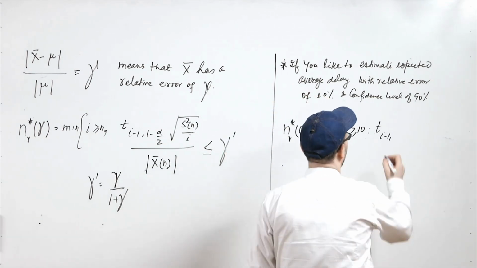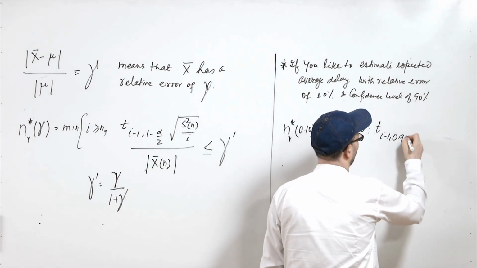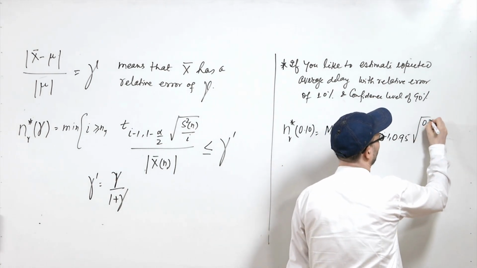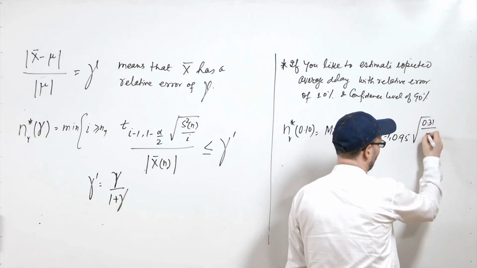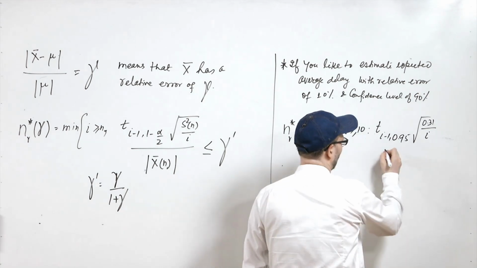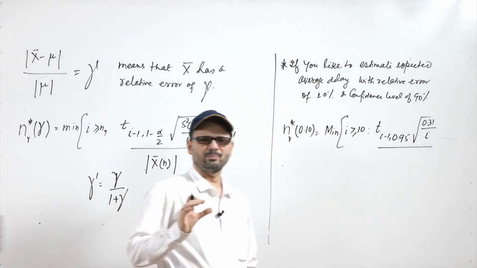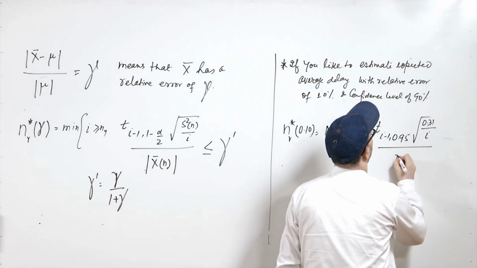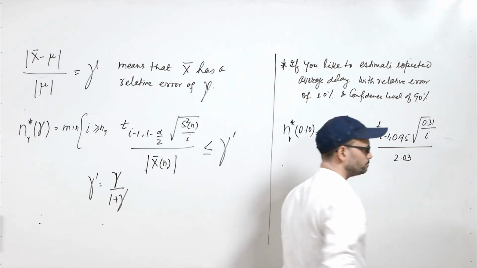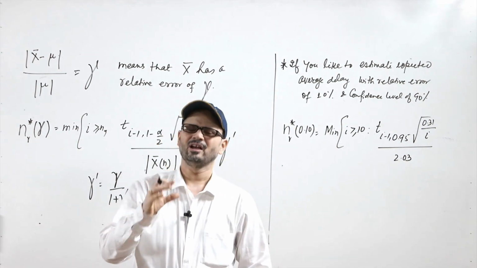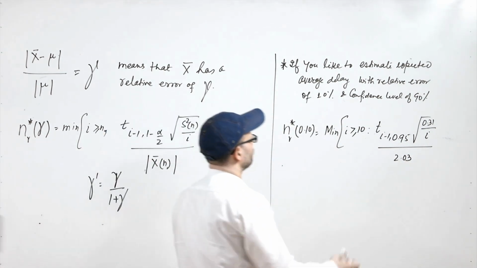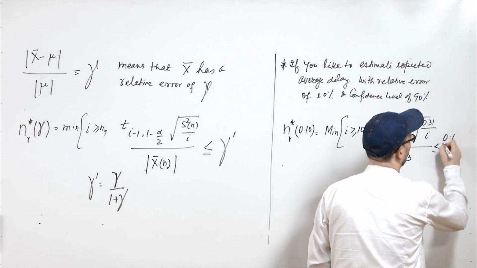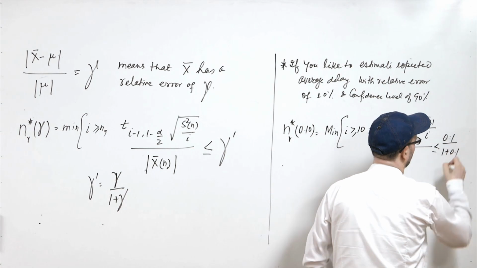And then further s square n by n, so it will be 0.3 by n, and then divided by x bar. So, x bar 10 we know that, it is 2.03, and that has to be less than 0.1 by 1 plus 0.1.